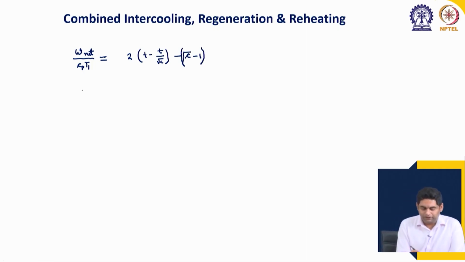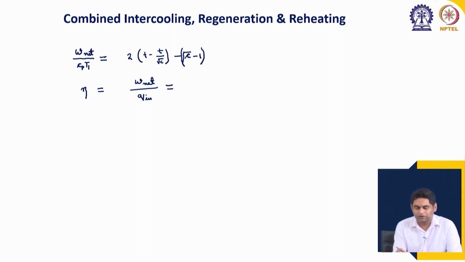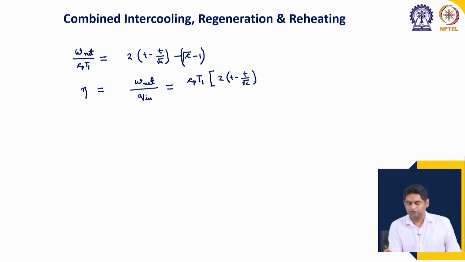Okay. Now, for the efficiency, of course, we know that there will be variation because the heat addition actually varies. So, this is equal to W net by net heat addition, which is the combination of both the combustion processes. So, this is equal to CP T1 multiplied by 2 into T minus T by root C minus 2 root C minus 1, root C minus 1.